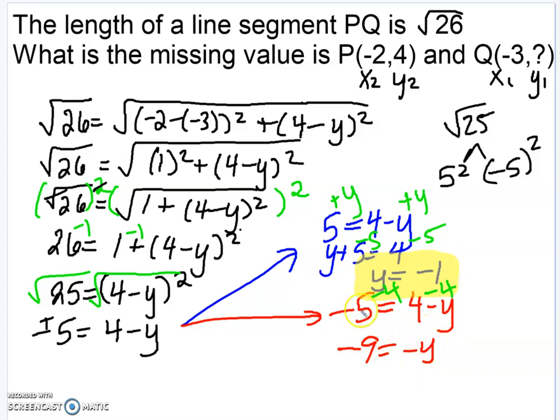So to get rid of that negative, I need to divide both sides by -1. So the other option is that I could get 9 as a solution. So all this is saying is that whether this value here was -1 or whether it was 9, if you were to do this distance calculation like we did in the last problem, you would get a distance of square root 26.